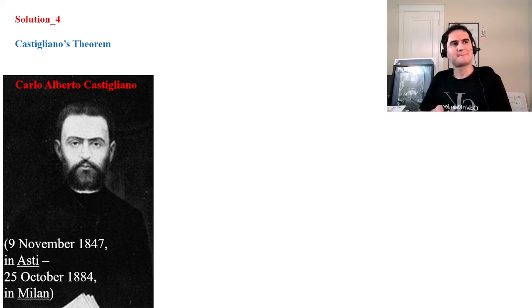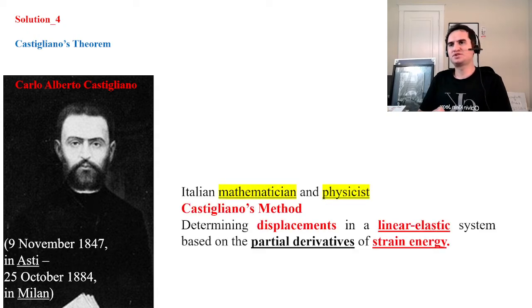He was a mathematician and physicist in the mid 19th century in Europe, who developed his method for determining displacement of beams and shafts in a linear elastic system based on partial derivation from energy. That's an interesting approach, which is our fourth method, and we'll get back to it later on. Let's start the first solution.